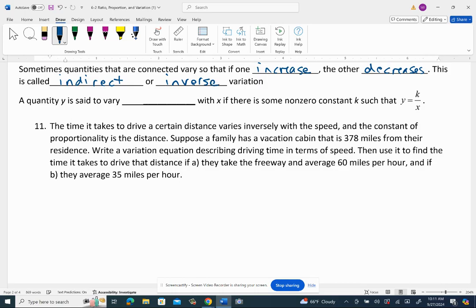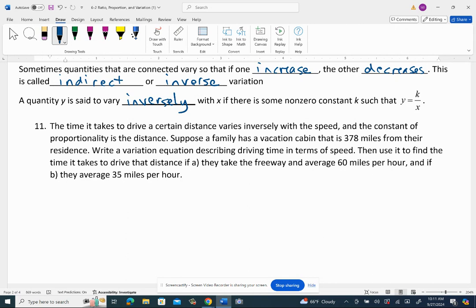So we could say a quantity Y is said to vary indirectly or inversely with X if there is a number K that's not equal to 0, so that Y equals K over X. Remember, the direct one was Y equals K times X. This one, inverse, is Y equals K divided by X.